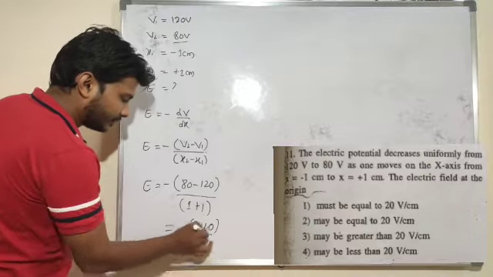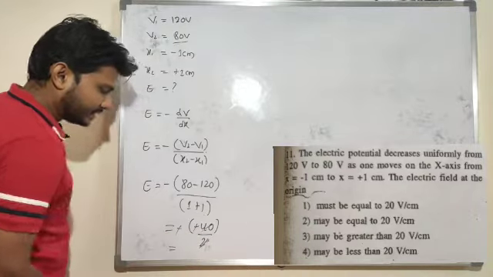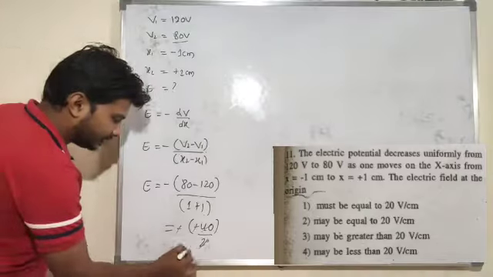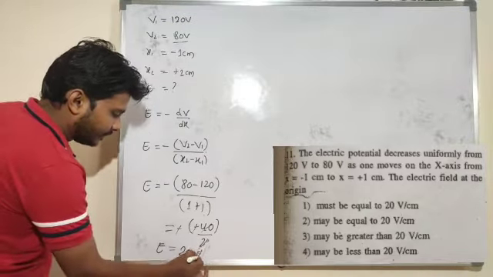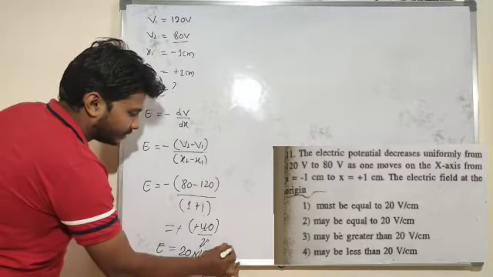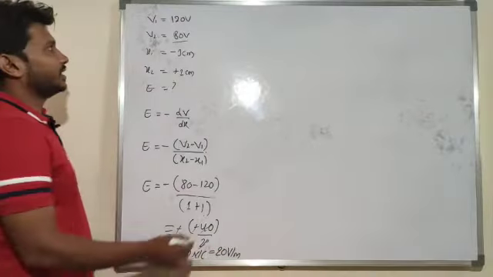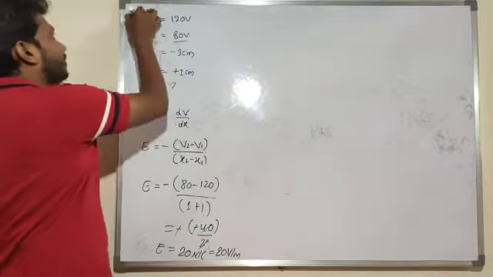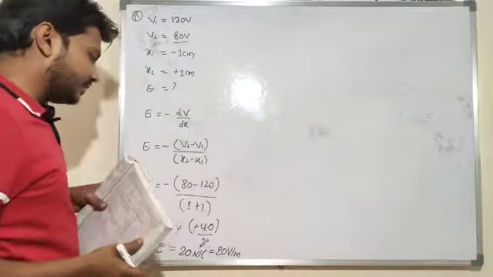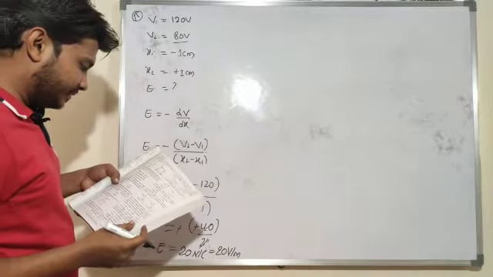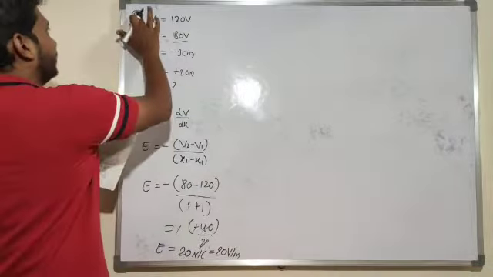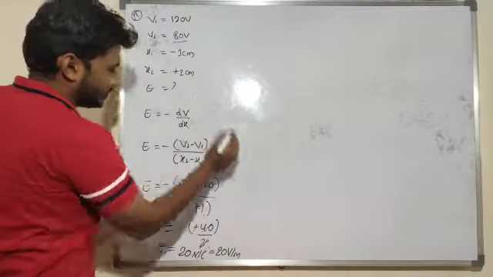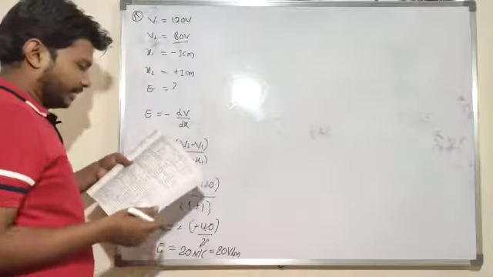Negative, negative, so minus into minus is plus. That is 20 Newton per coulomb, or another unit is 20 volt per meter. So the electric field is 20 volt per meter here. Sorry, this is the 11th question. Since the distance is in centimeter, you may also write it in volt per centimeter.